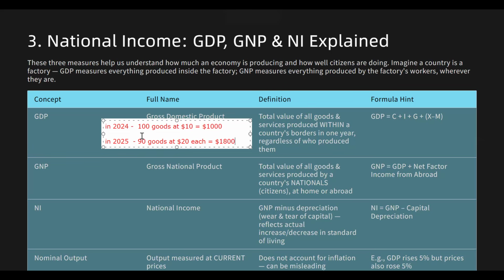That will give me a better understanding of if GDP rose or not. So if I was to use the same $10 in 2024 and 2025, then I would see that my GDP actually dropped.